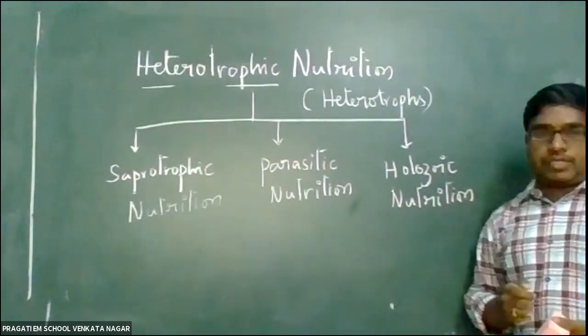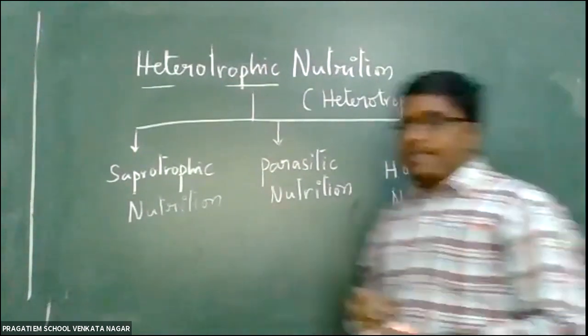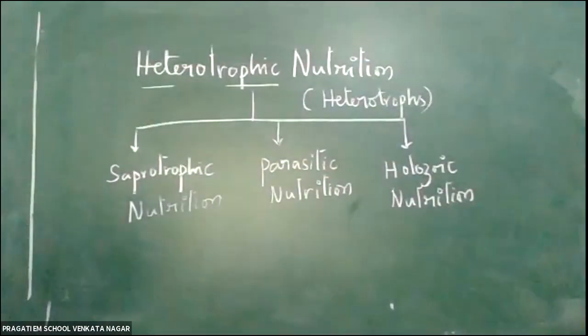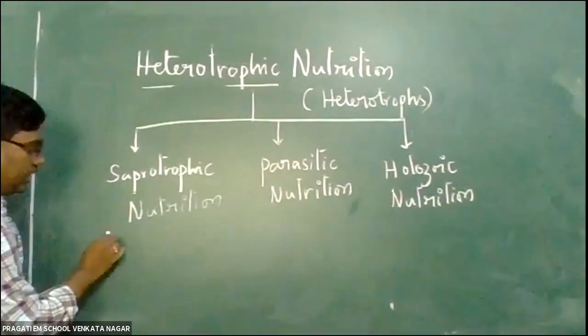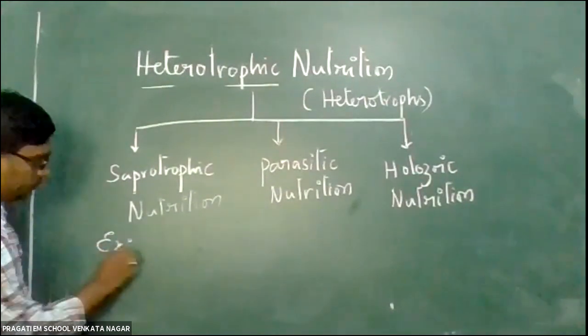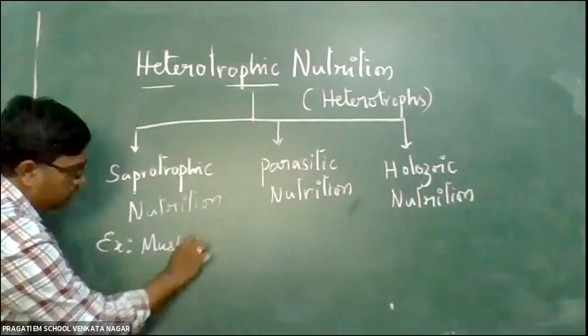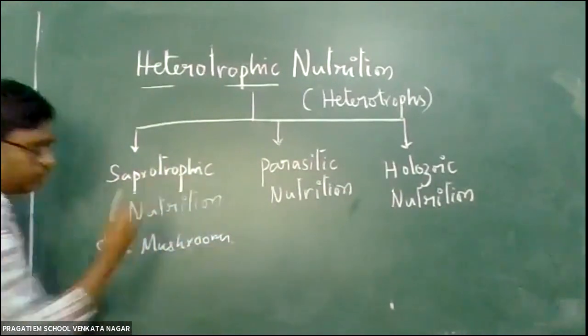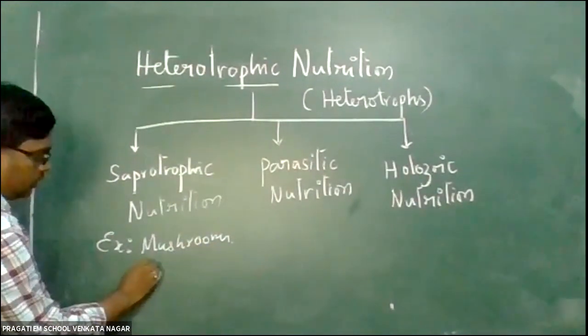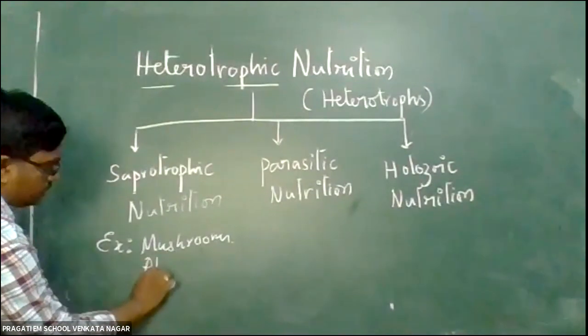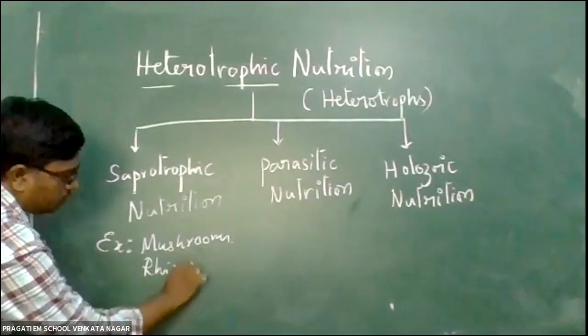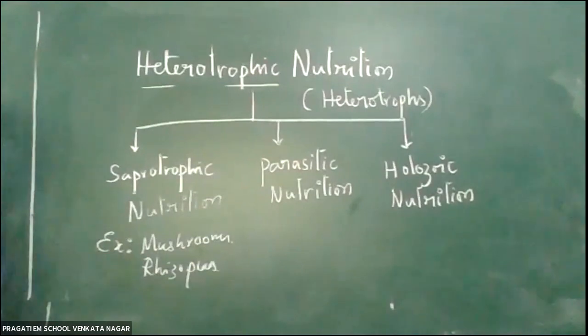Examples of saprophytic nutrition are mushrooms, Rhizopus or bread mould.